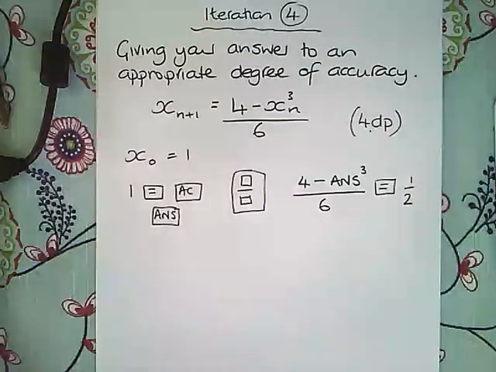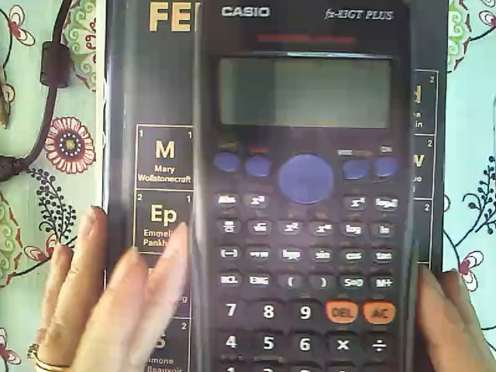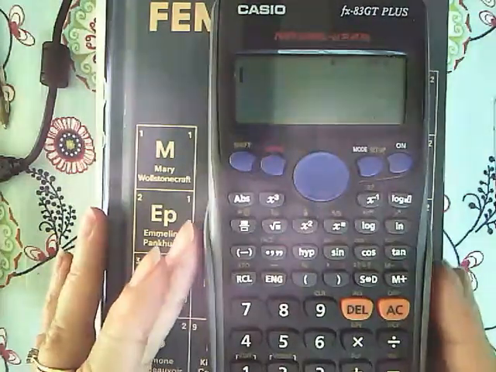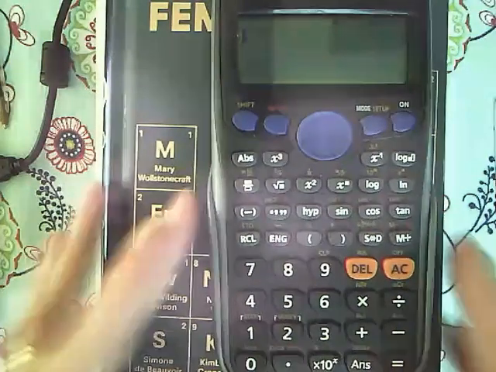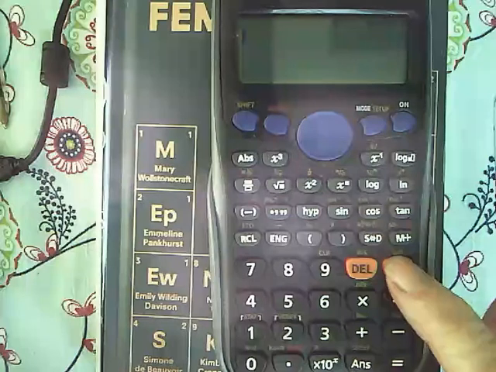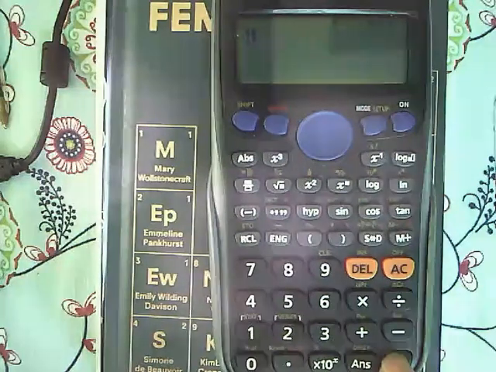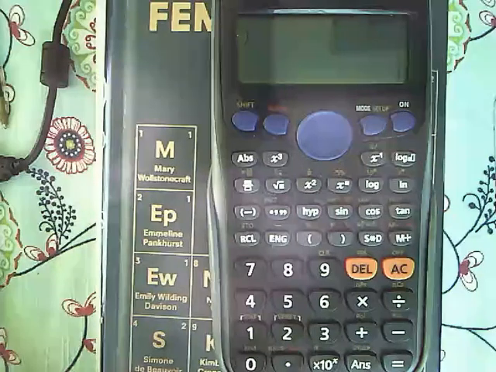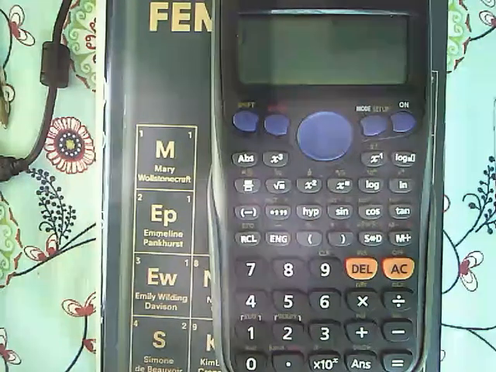Now, I've got some books here so that I can lift up my calculator so you can see it a bit more clearly. I want to let you see me pressing the answer button. So I clear everything, 1 equals, happily equals 1, and then we clear everything. That means 1 is now stored on that answer button.